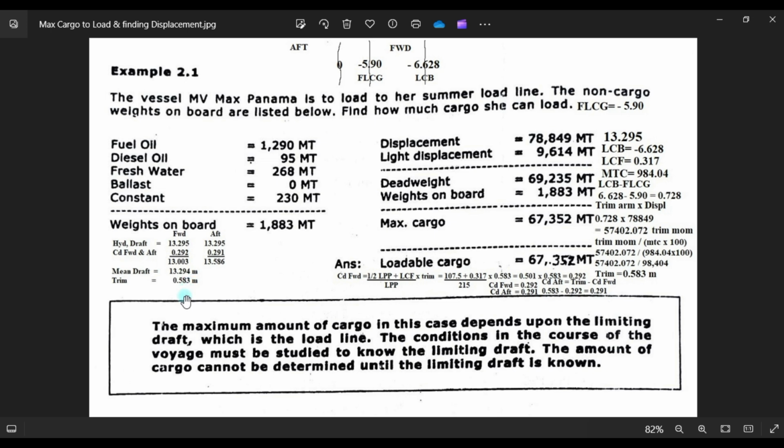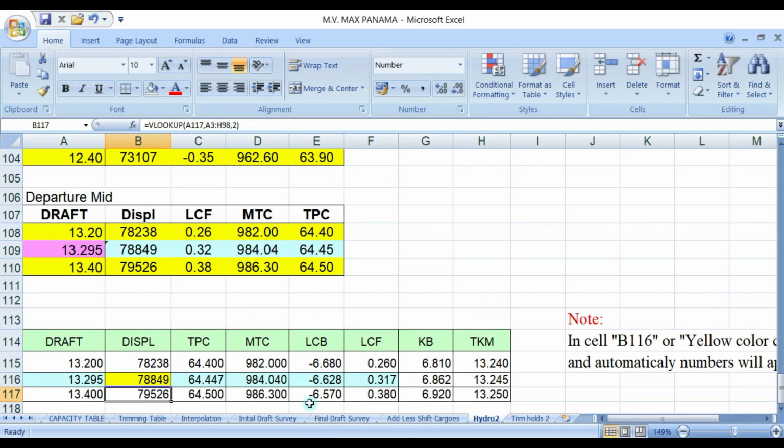We'll just check that, guys, with this formula here.